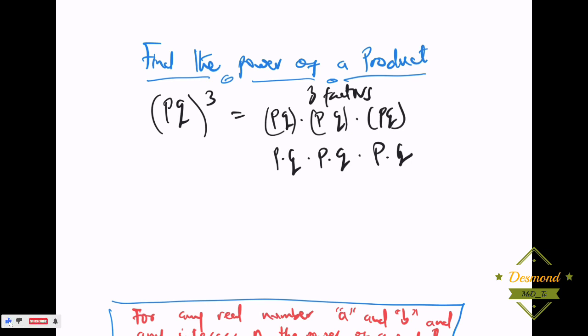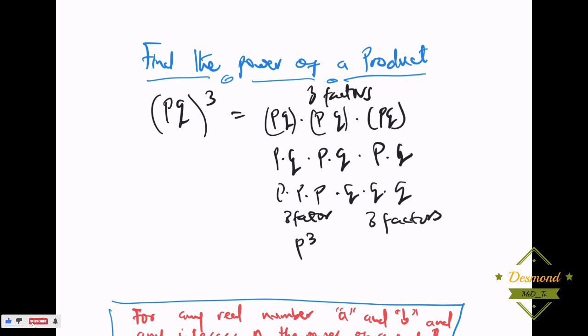Then when we group them, we should have P, then Q. Here we have 3 factors for the P, and here too, we have 3 factors for the Q. So when we group them together, we should get P exponent 3 dot Q exponent 3. So in other words, PQ exponent 3 is equal to P exponent 3 dot Q exponent 3. That's what we are talking about here.